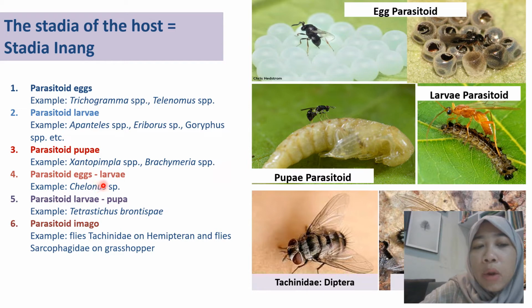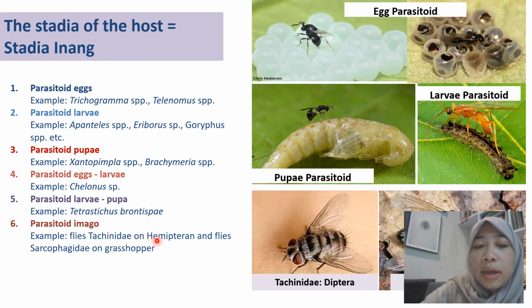For example, Chelonus. So this is the difference between egg parasitoid, larval parasitoid, and, for example, imago parasitoid. The imago parasitoid is mostly from dipteran insects, yeah, the parasitoids that come from Diptera.